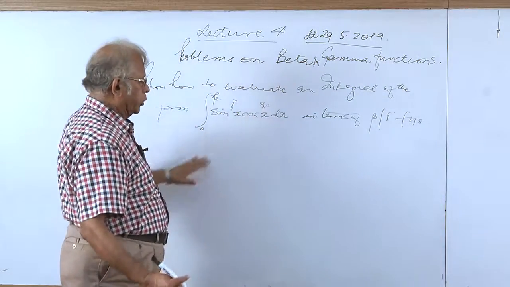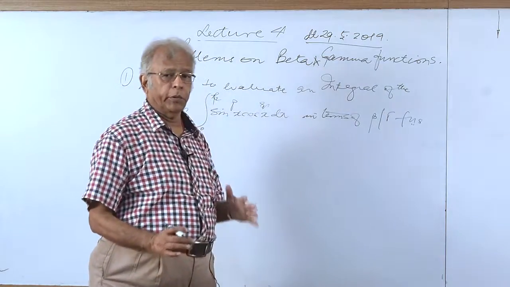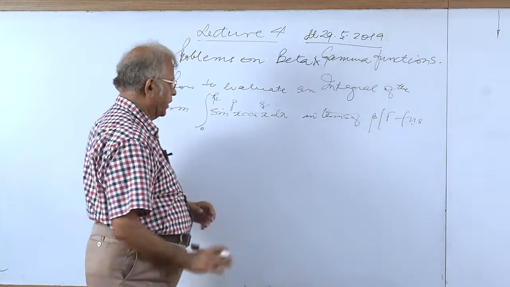Now, to do this, we'll have to invoke one formula which we stated when we were doing the lecture on properties of beta and gamma functions. I will put that down first.